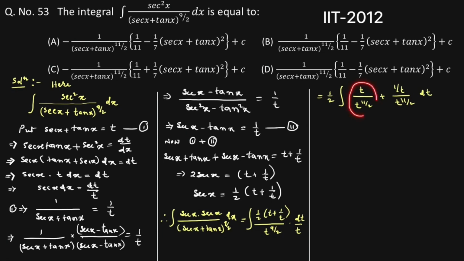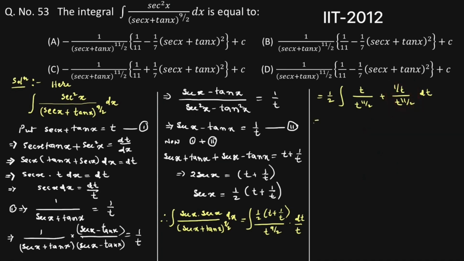If you solve this, that is t into t to the power minus 11 by 2, which is equal to t to the power minus 9 by 2, which is equal to 1 by t to the power 9 by 2. And again if you solve this, then you will get 1 by t into 1 by t to the power 11 by 2, which is equal to 1 by t to the power 13 by 2.